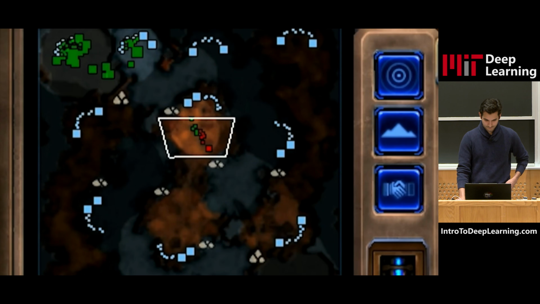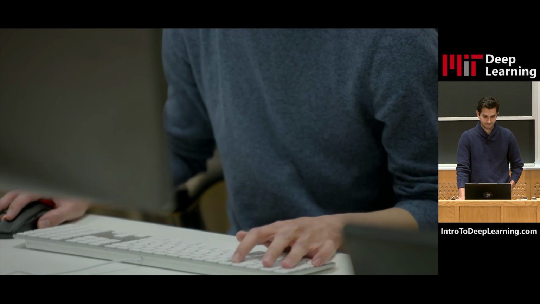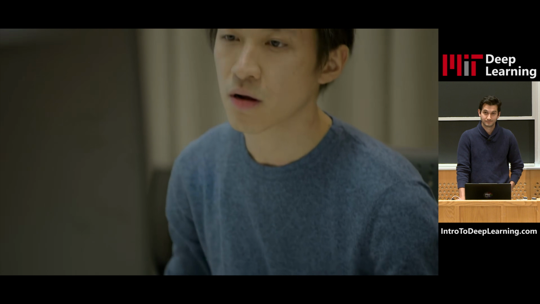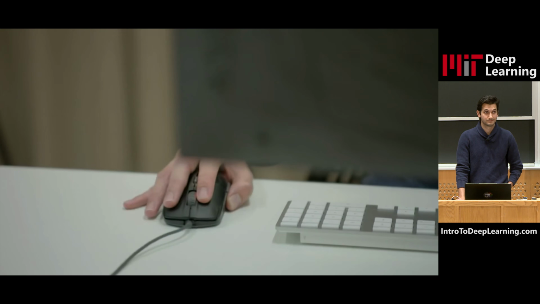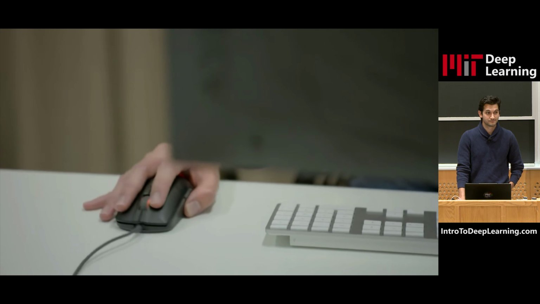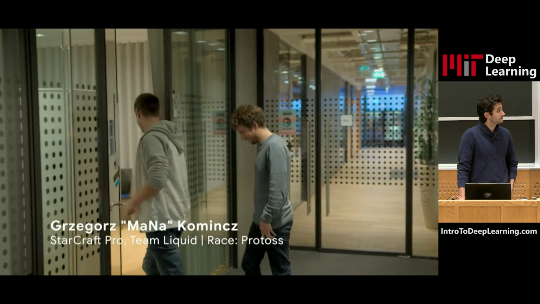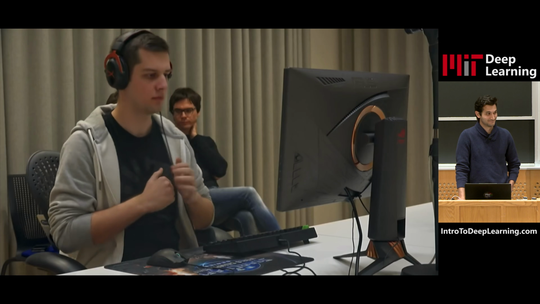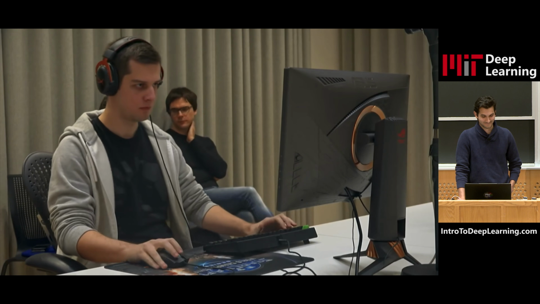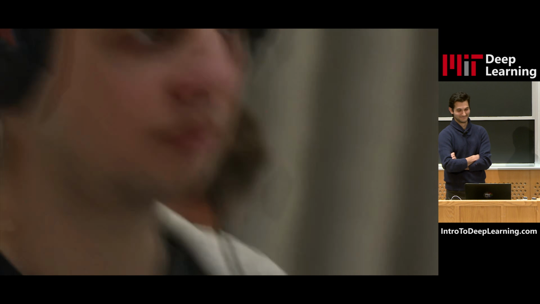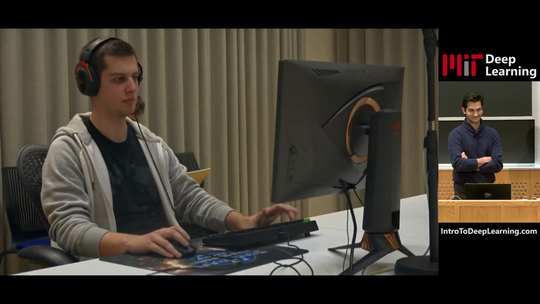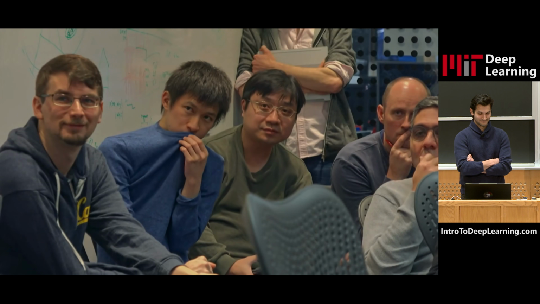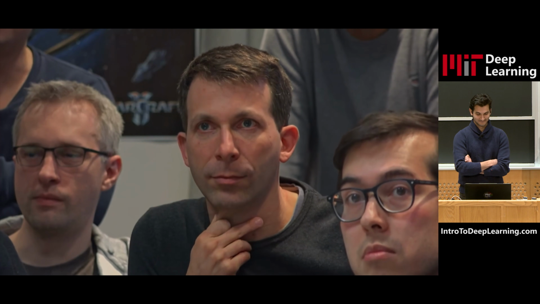Perfect information and is played in real time. It also requires long-term planning and the ability to choose what action to take from millions and millions of possibilities. I'm hoping for a 5-0, not to lose any games, but I think the realistic goal would be 4-1 in my favor. I think he looks more confident than Tilo. Tilo was quite nervous before. The room was much more tense this time. I really didn't know what to expect.